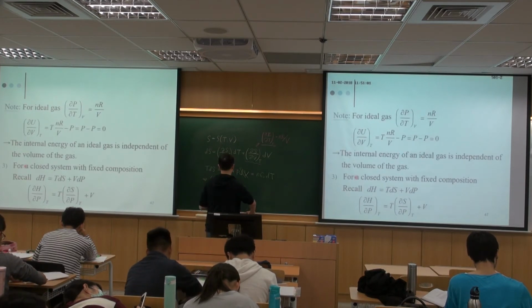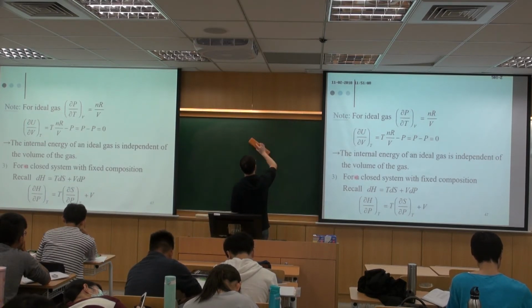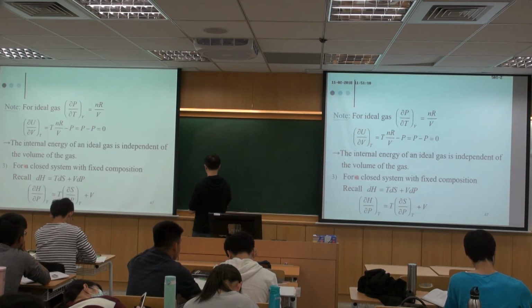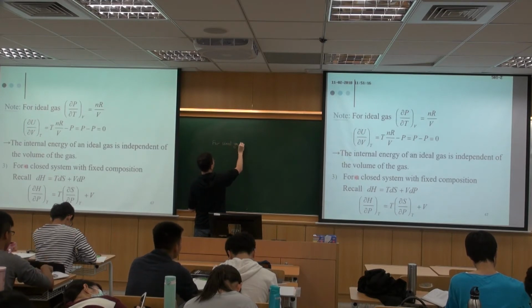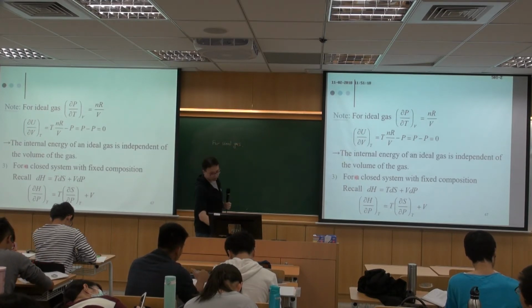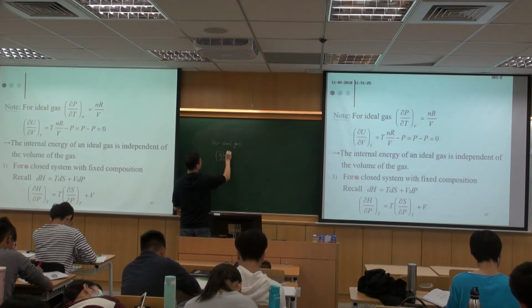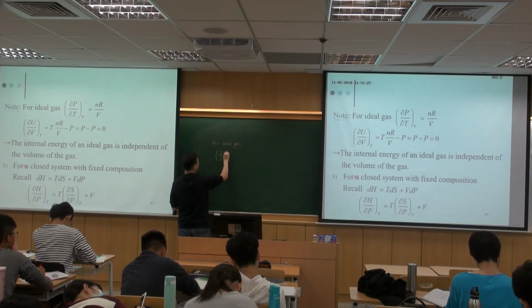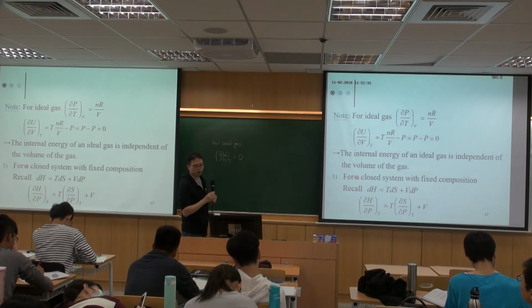So we have these two conclusions from the Maxwell relations. For ideal gas, we already know that the volume change at a constant temperature will cause no change in terms of internal energy.